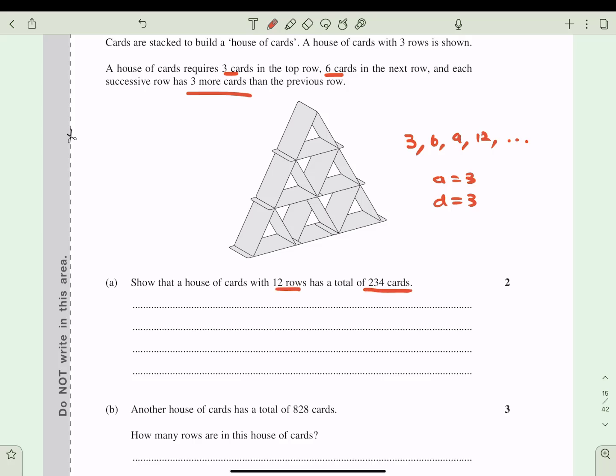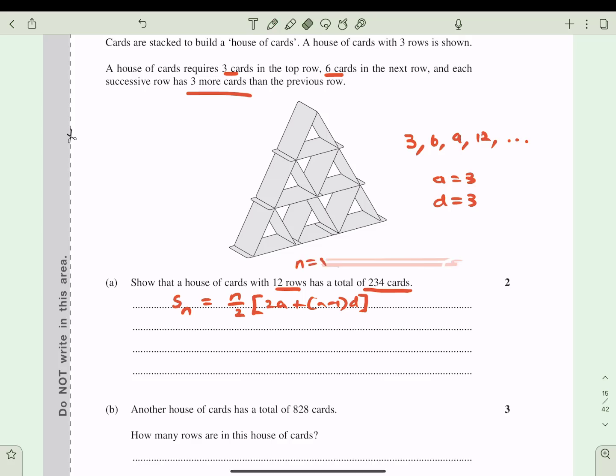Now, this is essentially an arithmetic series. So if we recall the arithmetic series formula, that's n over 2 times (2a plus (n minus 1)d). Okay? So in this case here, since we now know there's 12 rows, n is equal to 12. Okay, so that's pretty helpful.